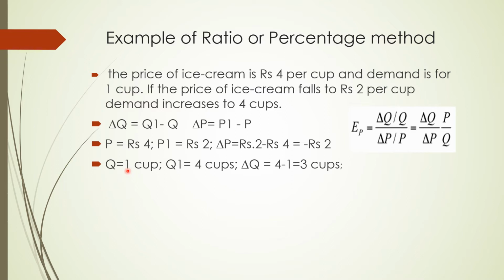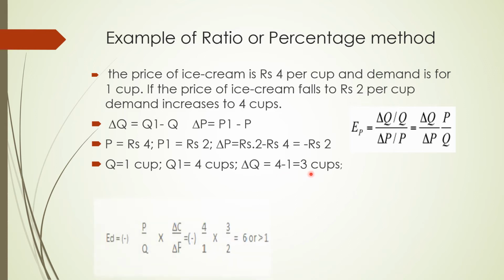And Q1 stands for the increased demand, whatever may be the change in demand due to the decrease in price. That is 1 cup to 4 cups, so Q1 is 4 cups. And what is the formula of delta Q? Q1 minus Q. So the answer is 3.